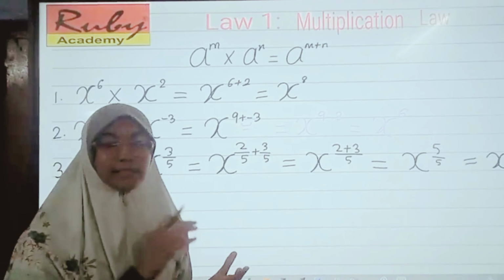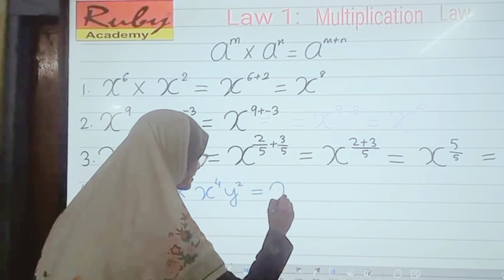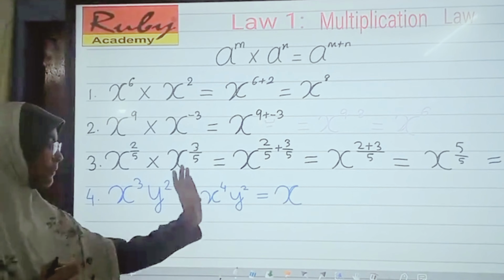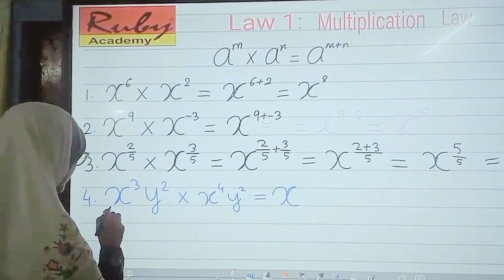x raised to 4 and y raised to 2. Let's take 2 only. Which is equal to, now you can see that we have different variables, and x and x are the same in both of them. So let's take x here and separate it because we consider the same bases. The first has a power of 3 and the second has a power of 4.